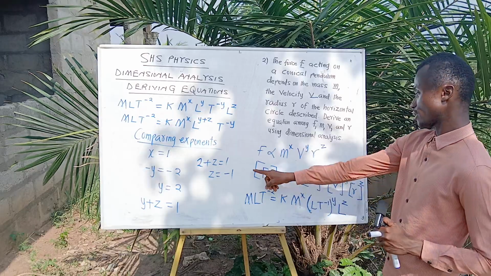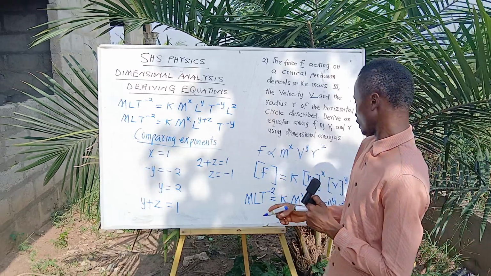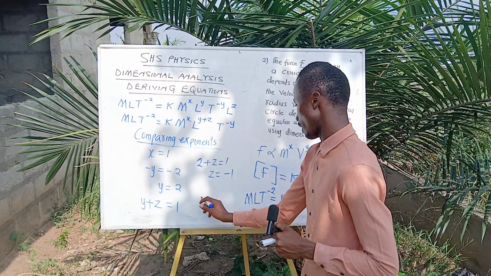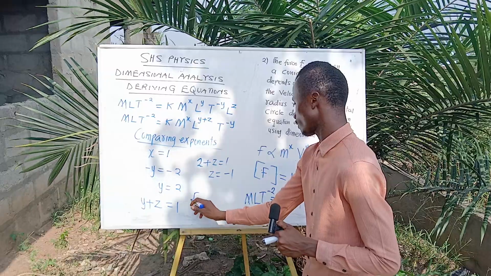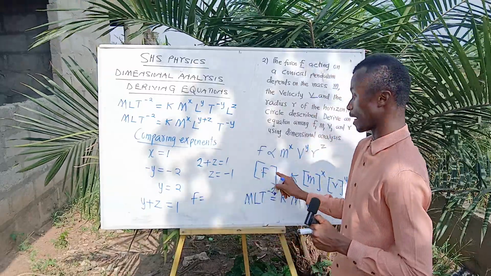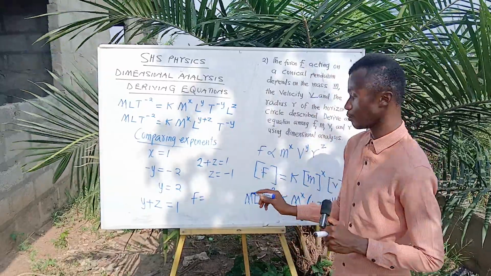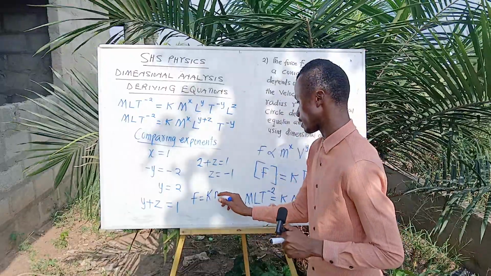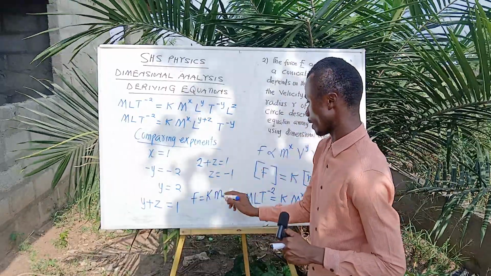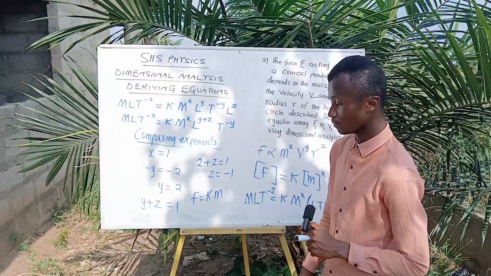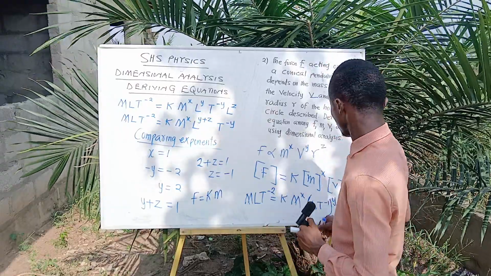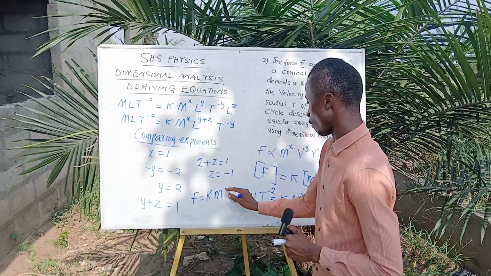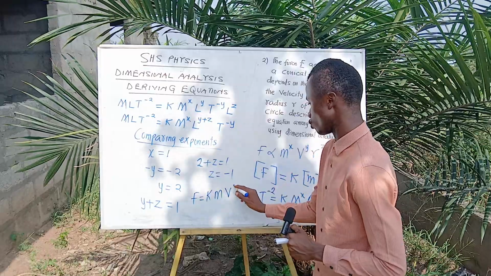So let's go back to this equation. It says that F is equal to, let's remove the dimensions, we don't need them anymore, K m to the power x. But x is 1, so m to the power 1; we don't write that. V to the power y. What is y? y is 2.